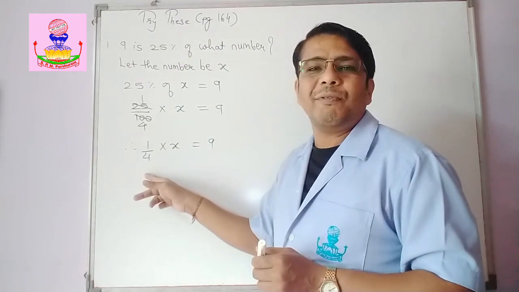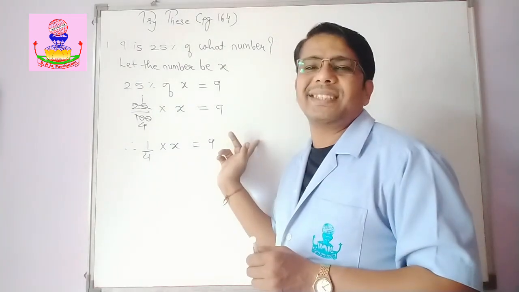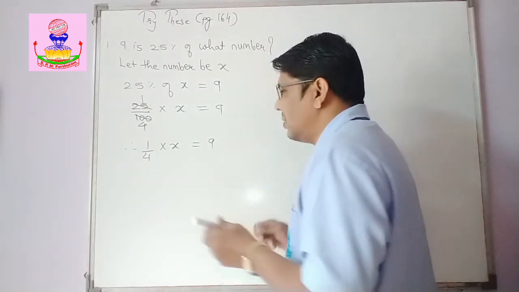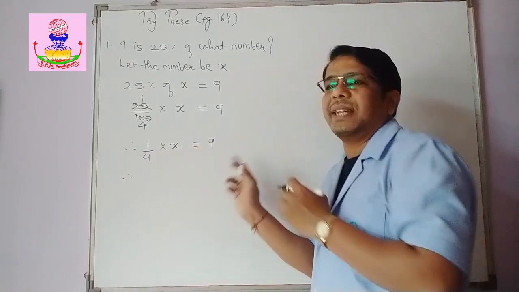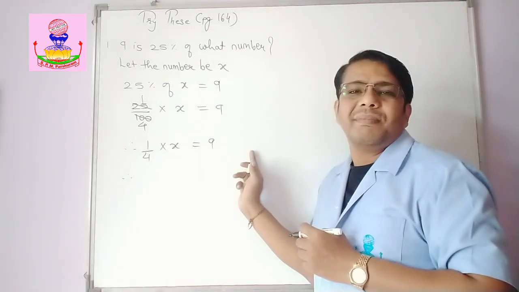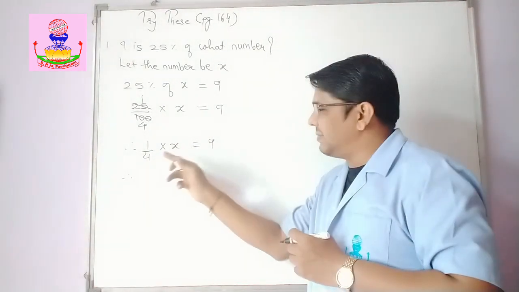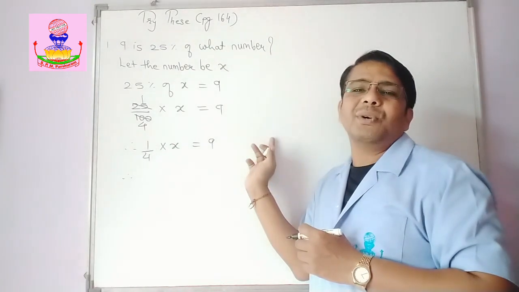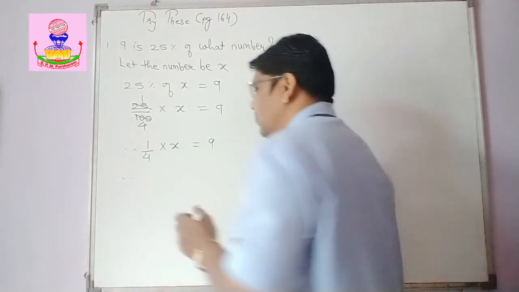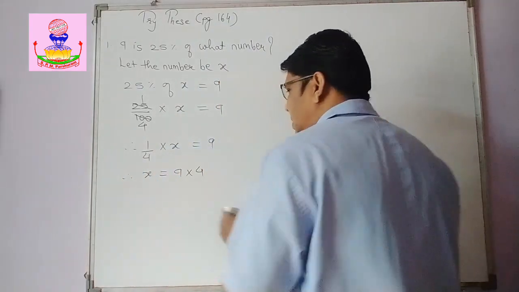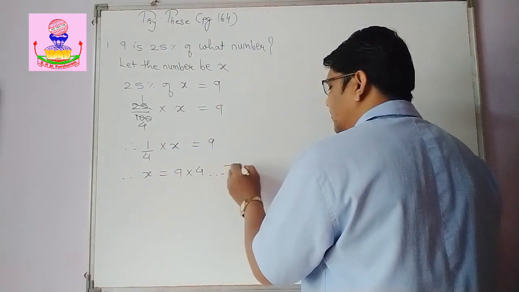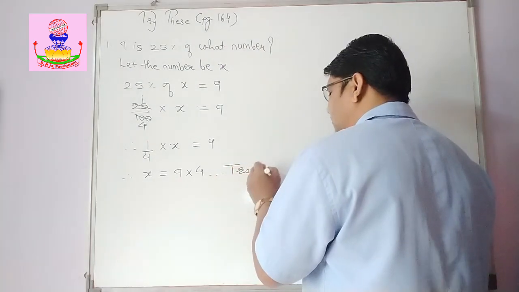Now I want to find the value of x. I don't want this 4. So bring this to this side. When this 4 comes to this side, it will be in multiplication. Here it is in denominator, so here it goes in multiplication.